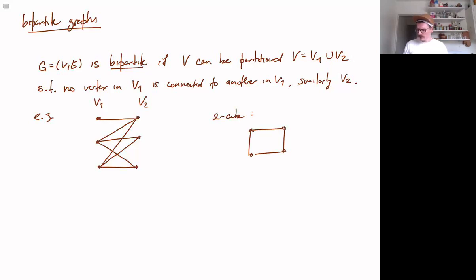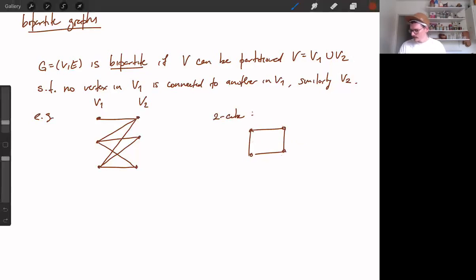And it's not clearly bipartite in the sense that, for example, if you were to partition it like this, you can see that there's an edge on this side. Or if you were to partition it like this, you can see that there's edges on these sides. So that doesn't exactly work.